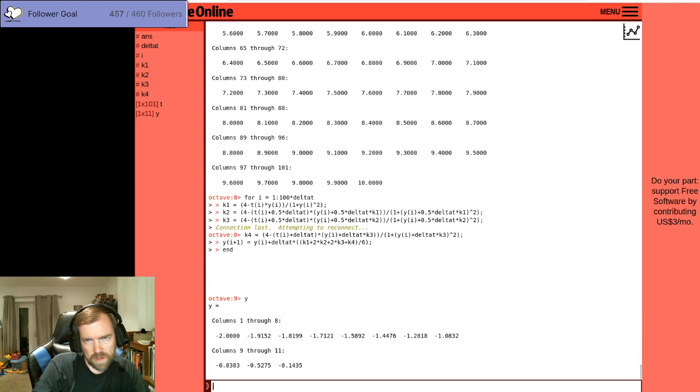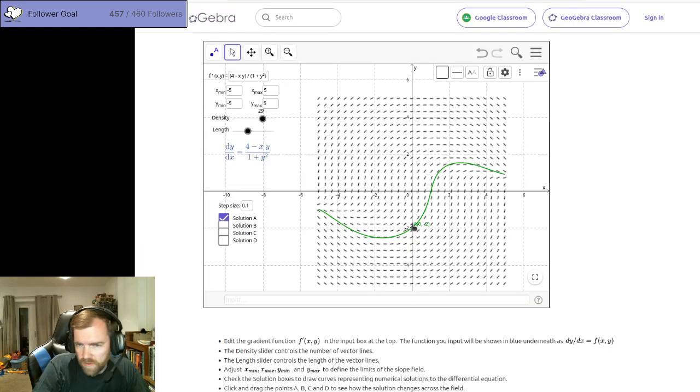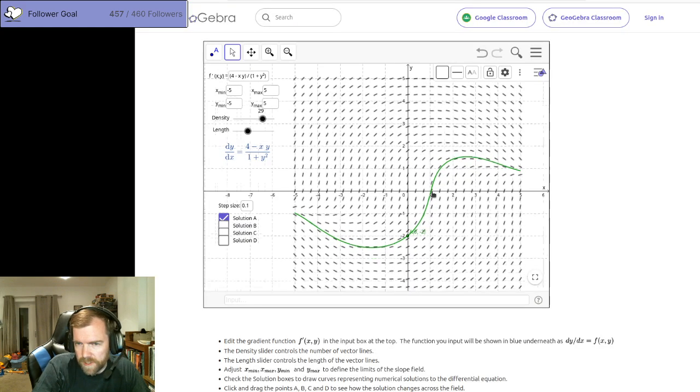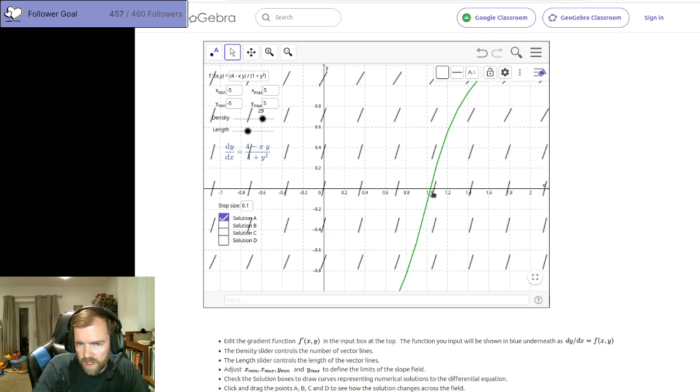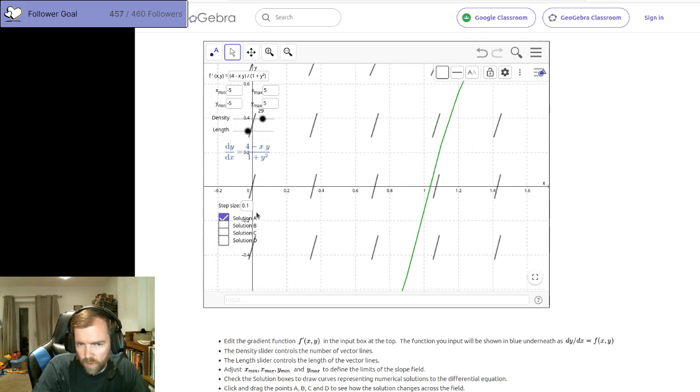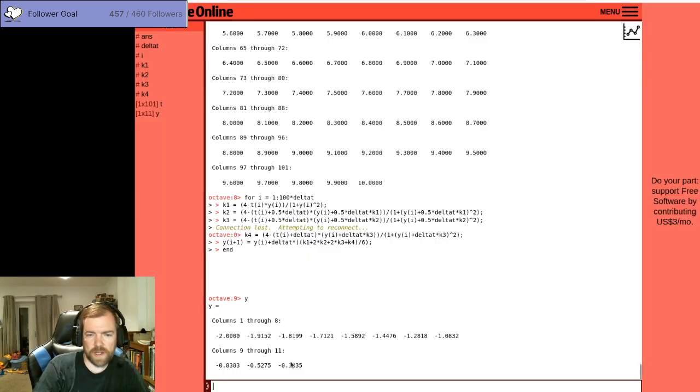Which we said, from 0 to 1, we should expect this to be negative 0.1. Right, negative 0.16 seemed reasonable for something we were doing. Yeah. So, negative 0.16, reasonable approximation, negative 0.14.